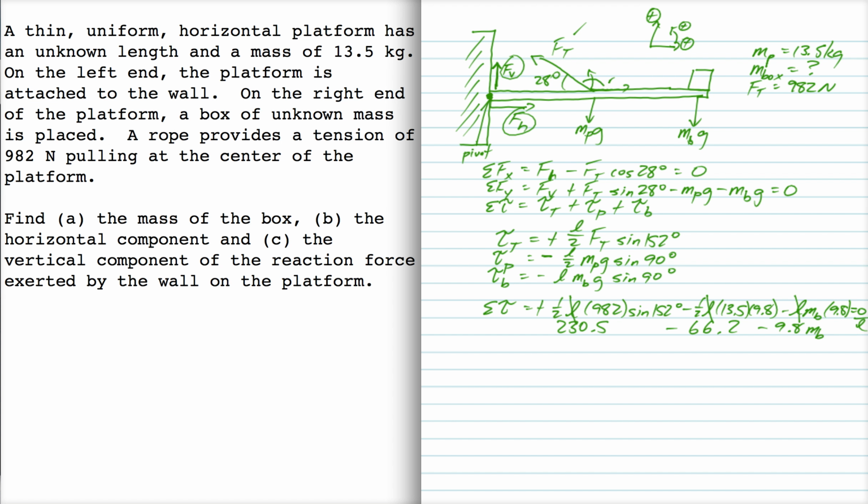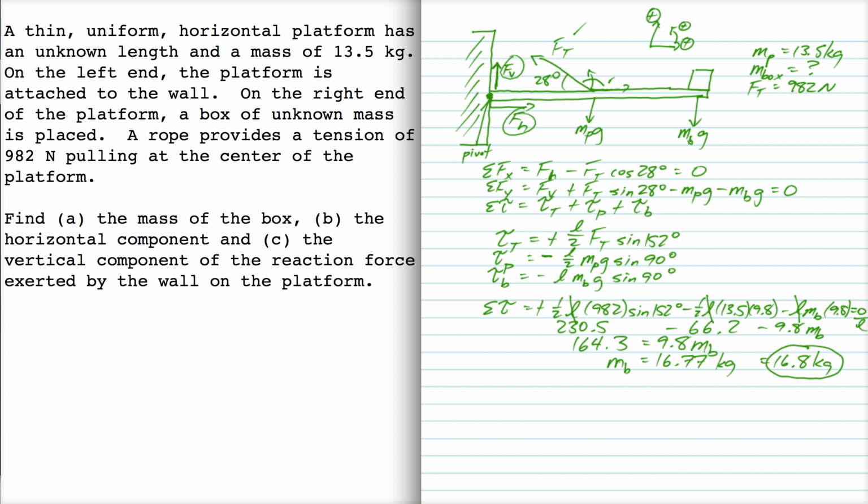So I get 164.3 is equal to 9.8 times the mass of the box. So the mass of the box is 16.77 kilograms, which I guess I'll round off to 16.8 kilograms.